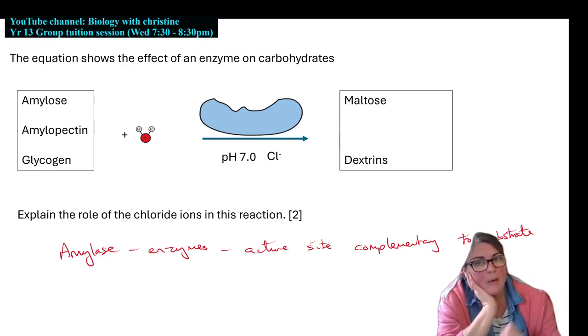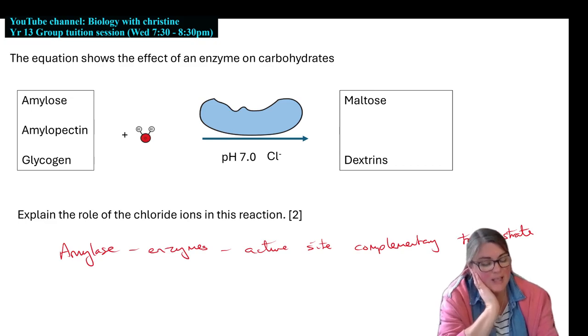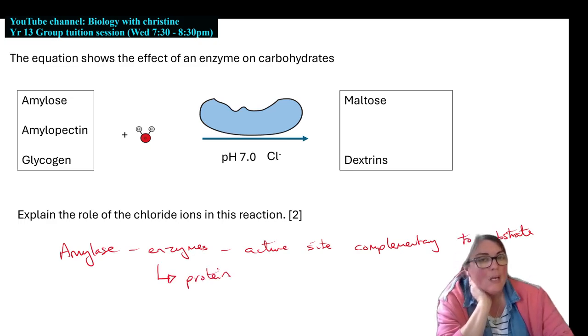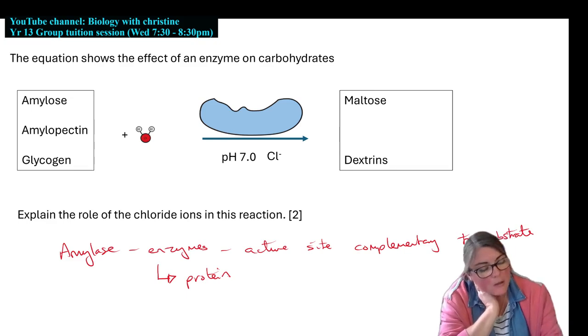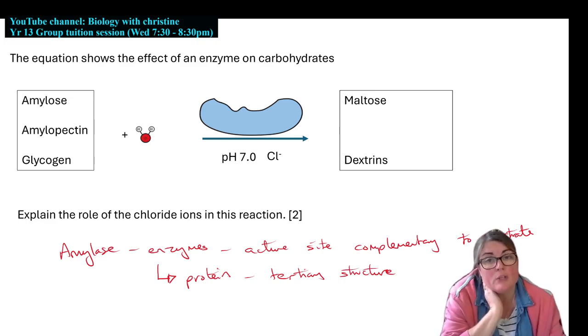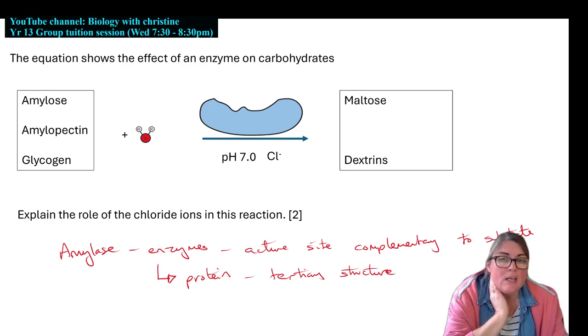So let's go back. Amylase is an enzyme. I'm going to add a little note for myself to say that this is a protein. Because we're talking about an enzyme, it's a protein that has a tertiary structure. We did say before that the active site needs to be complementary to the substrate. So because the active site needs to be complementary, why are chloride ions needed?